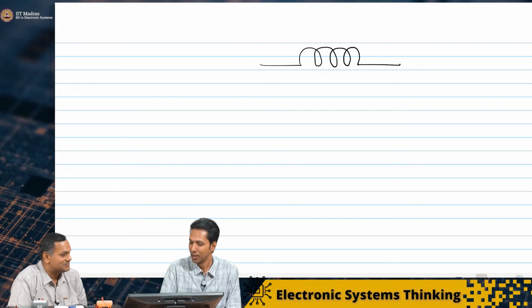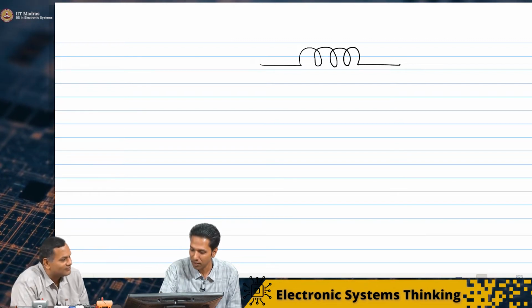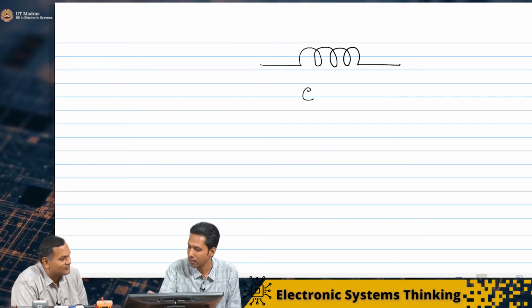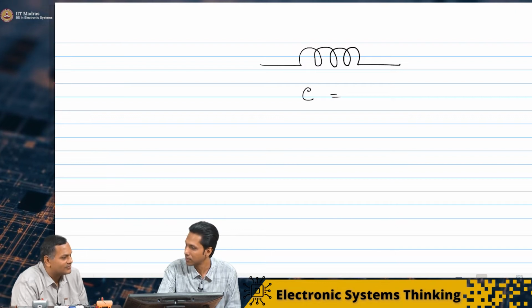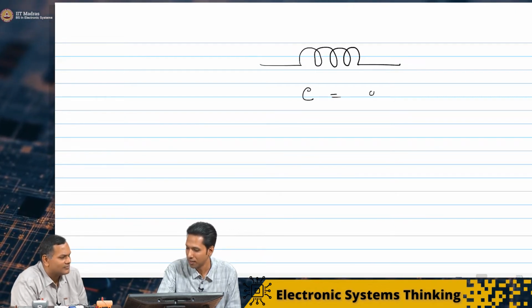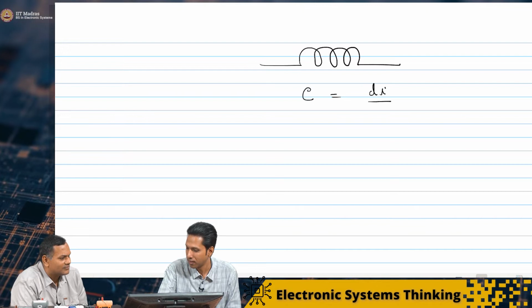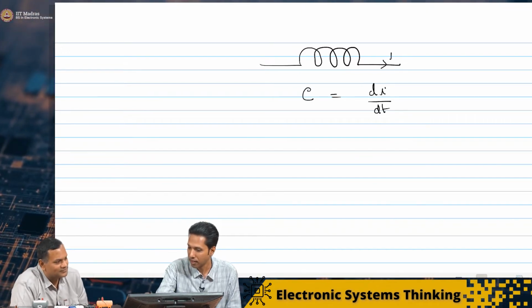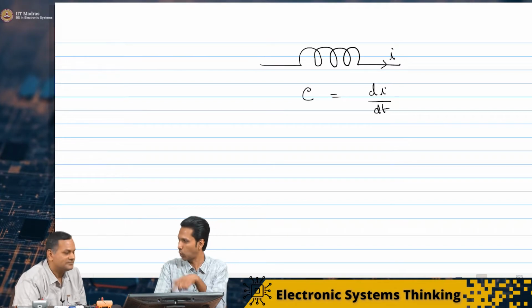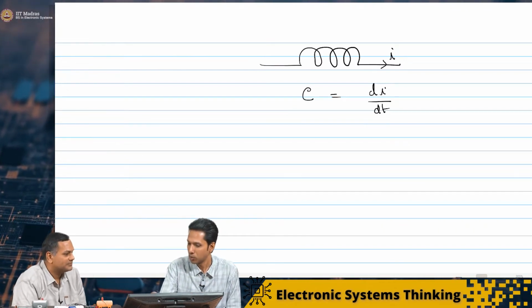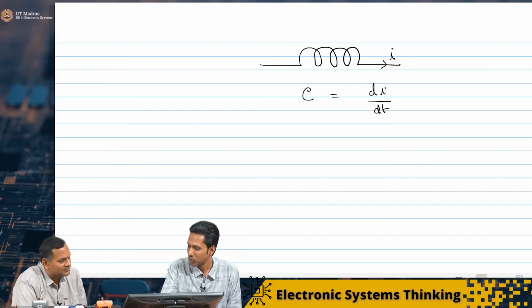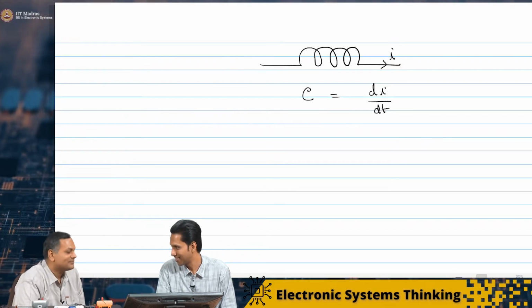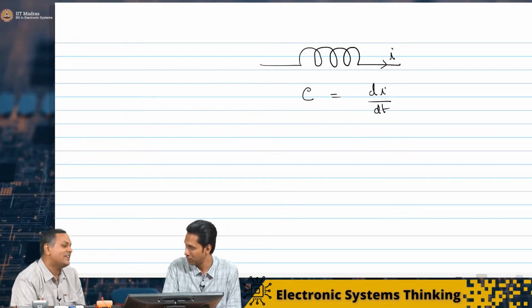So that induced voltage may be, let's say, E is some constant into di by dt. I is the current going through the coil. So it is proportional to the derivative of the current.